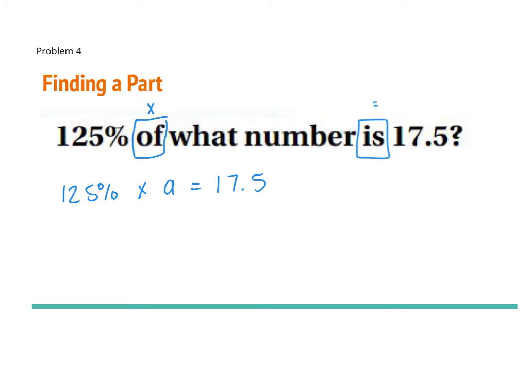Now, all we have to do is solve this problem, okay? So this, remember, percentage, we have to move the decimal place over 2, so this becomes 1.25 times A equals 17.5.